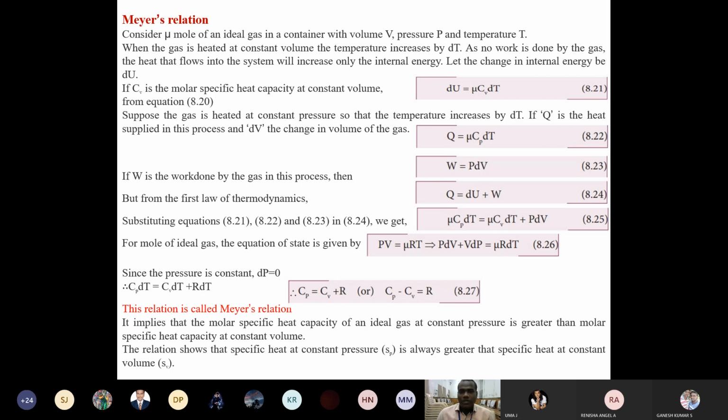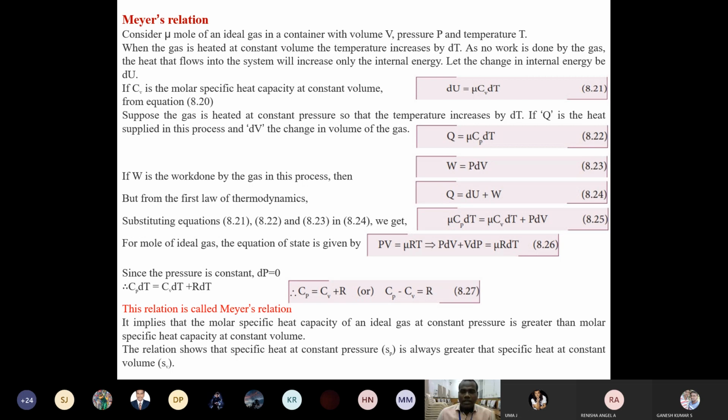If W is the work done by the gas in this process, then W is equal to pressure times the change in volume, P dV.